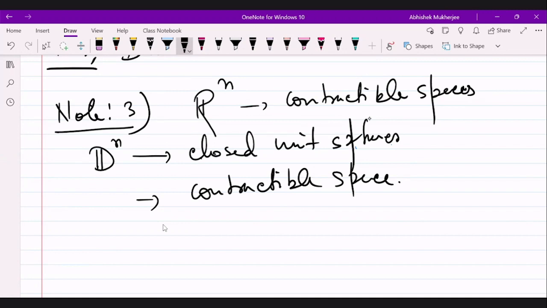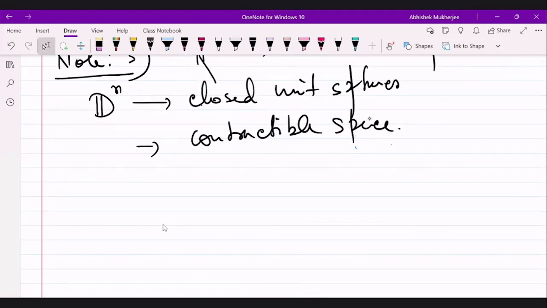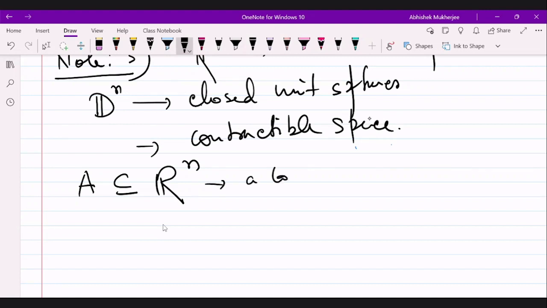And generally, if you take any subspace in Rn, any convex set, then it must be contractible.